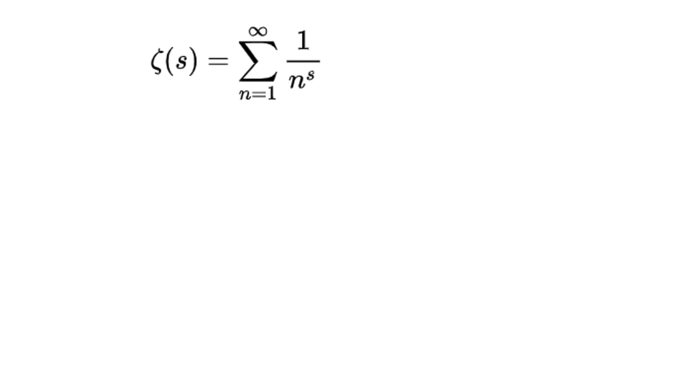Now, Euler studied this formula. He was actually thinking of, I think, real values of s and not complex values of s. But he studied this expression, and he observed that it is equal to another expression, the product now of 1 over 1 minus p to the negative s.